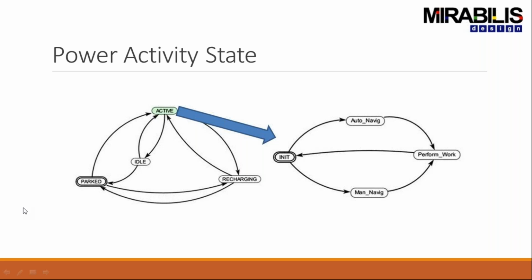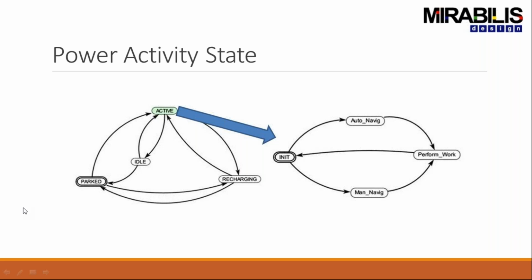So this slide represents the state diagram for power transitions in a typical automotive system. Let's say the vehicle is in parked state with no or very low power consumption, apart from a few sensors like the GPS sensor.